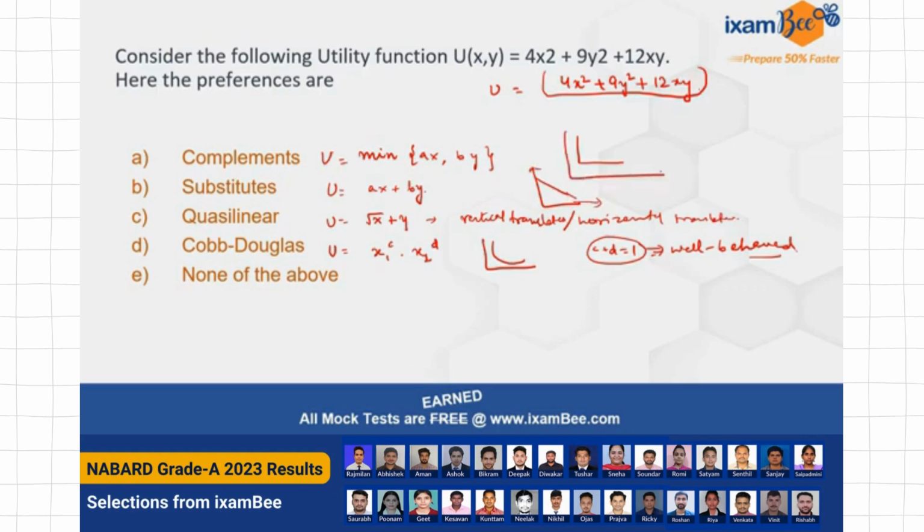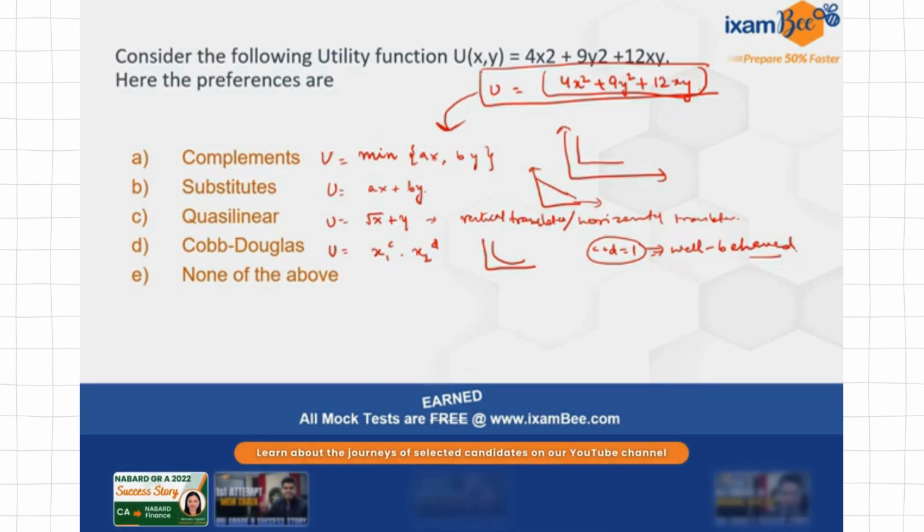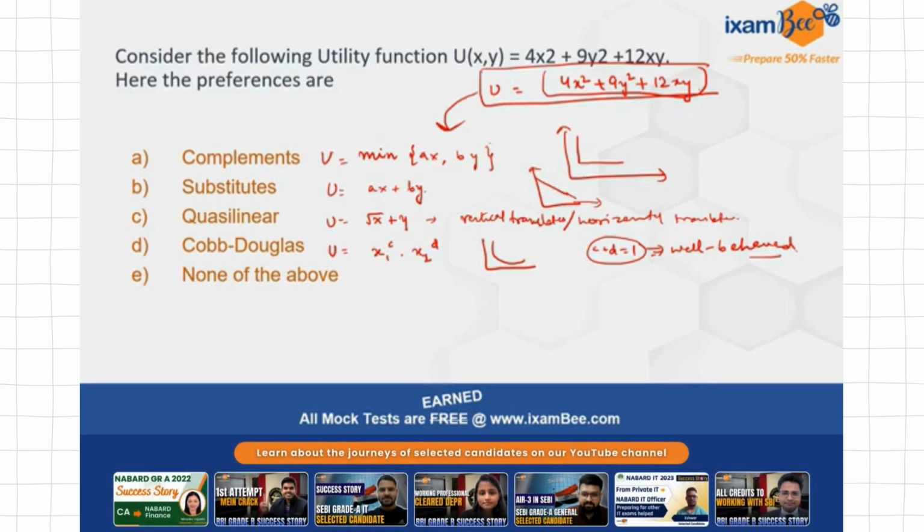So these are some general kinds of ICs and utility functions. Clearly we know that this does not fall in any of these categories. Just by looking at this, you cannot make out whether it's going to fall in any of these categories or not. Definitely it is not complements, as there's no min function, right?